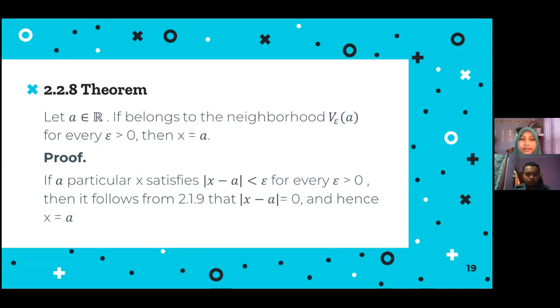For the proof, if a particular x satisfies |x − a| < ε for every ε > 0, then it follows from 2.2.9 in the topic before in group 1 that |x − a| = 0, and hence x = a.